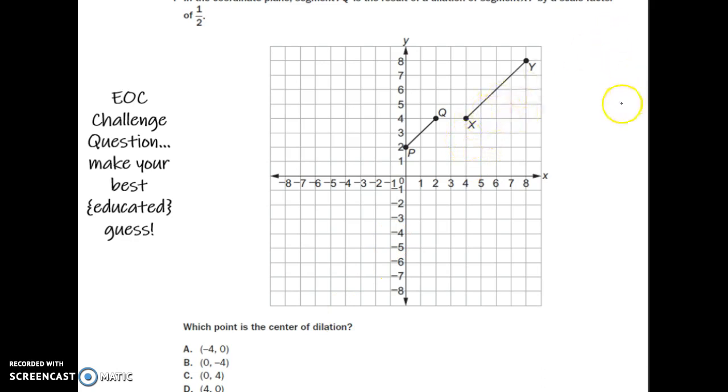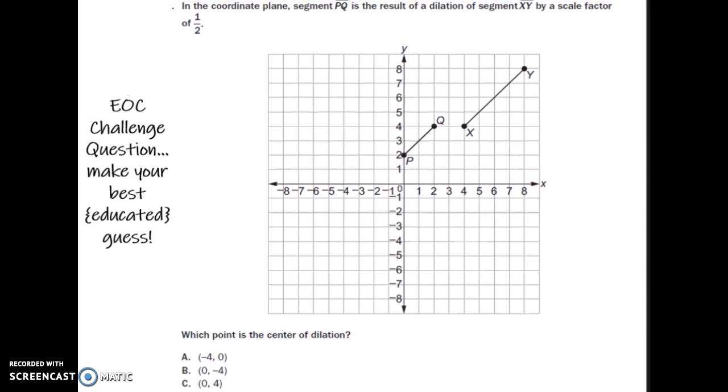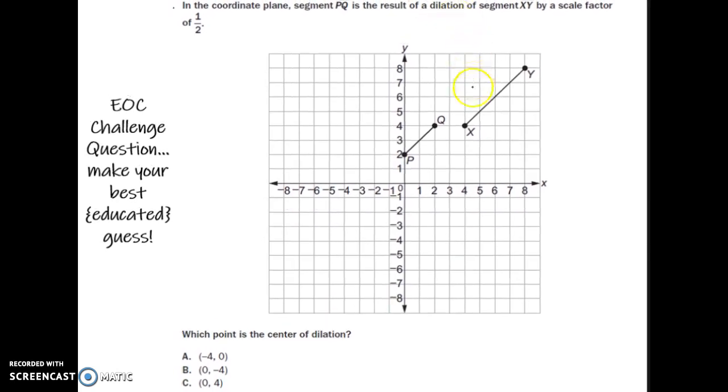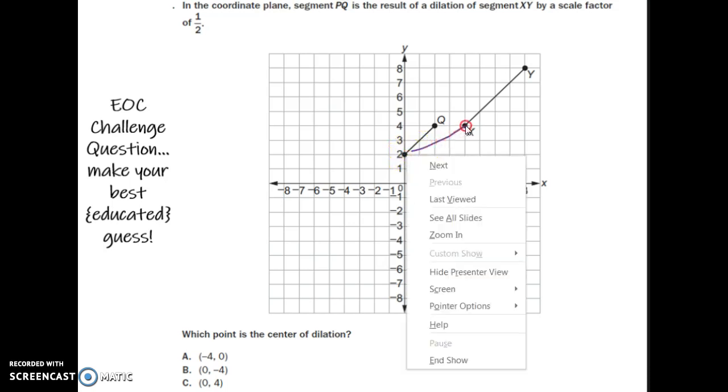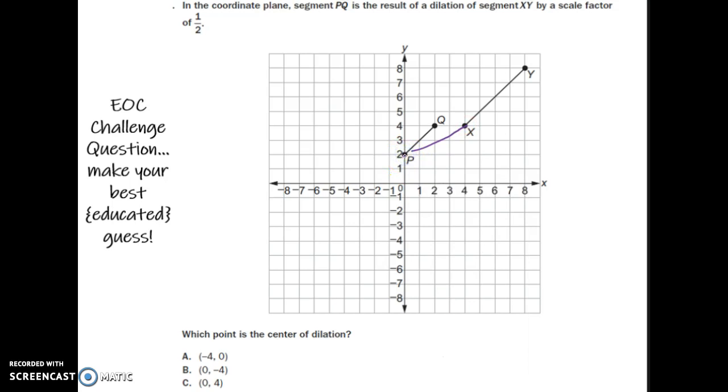There's a really cool trick for finding the center of dilation when it is not at 0, 0, and that is to connect the corresponding points and then see where those lines cross. So on here, PQ is corresponding to XY. Point P corresponds to point X, and this would be easier if I was in Blackboard, but we're going to do our best here.